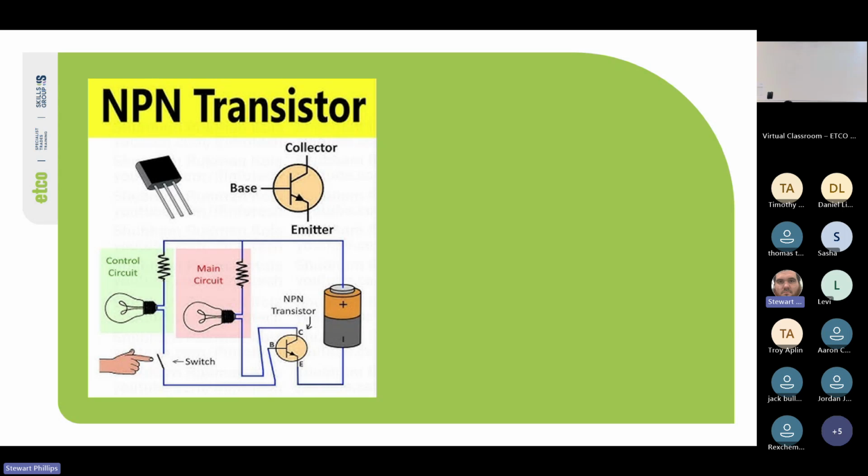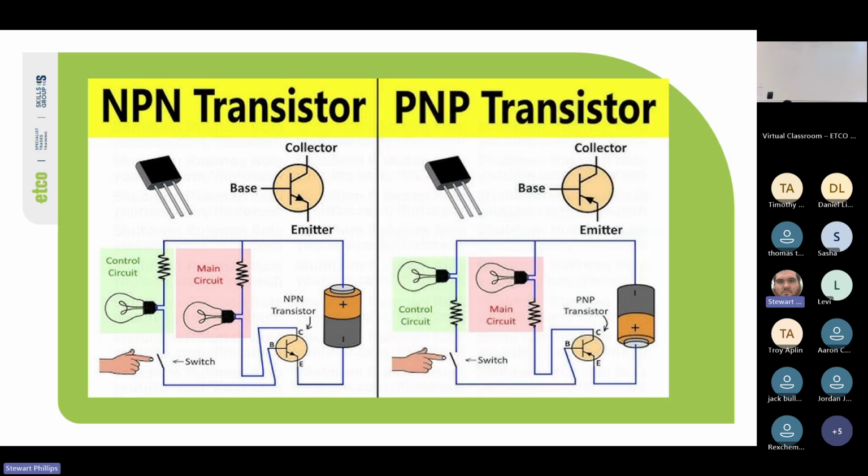That's a way to remember NPN, not pointing in. So in this case, the emitter is where the current is flowing out of it.